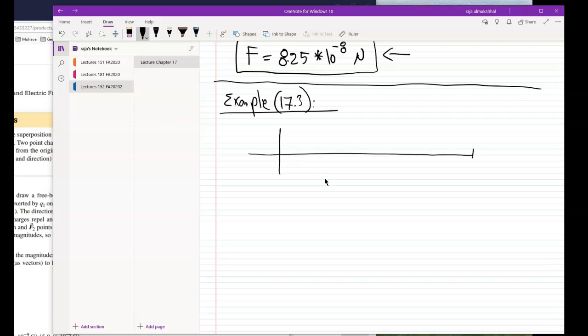Here's the x-axis. I'm trying to make it as clear as possible. Then I have 3 charges. One is located at the 2 centimeter mark. So here is a positive charge right here, and I'm going to call it Q1, and it's equal to 3 nanocoulombs. And then this one is on the 4 centimeter mark, I think, isn't it?